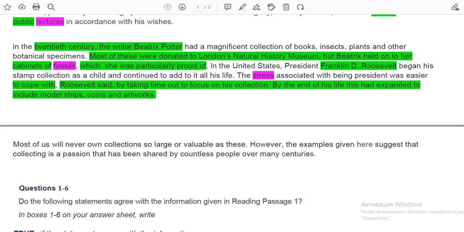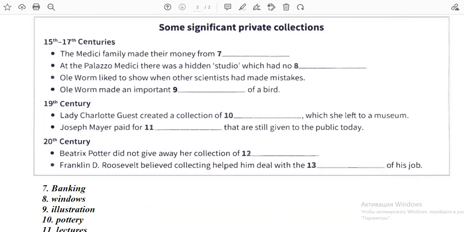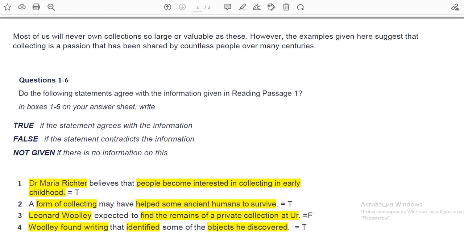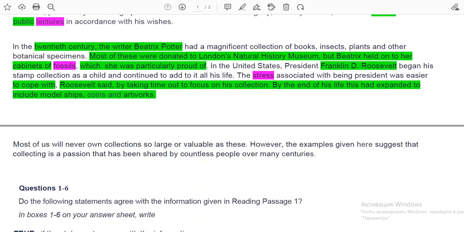So the next one is 20th century. Beatrix Potter did not give away her collection of gaps. Let's go to our passage and the following paragraph, the final one.